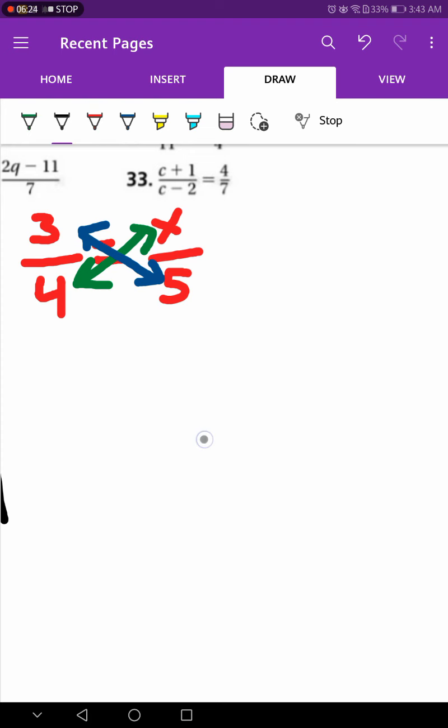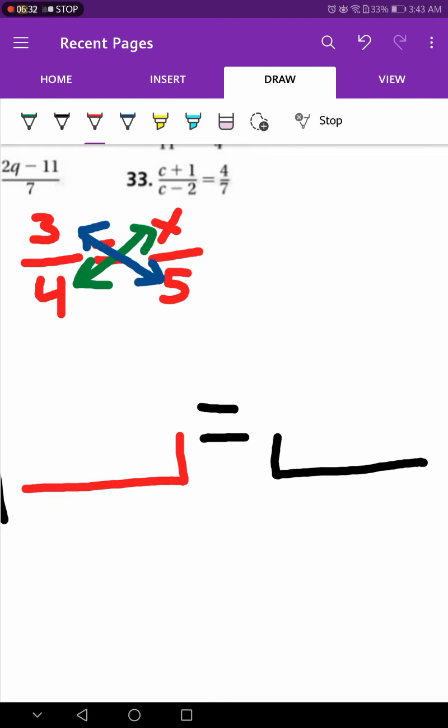First of all, you write the equal sign, you prepare the right side, and prepare the left side. Now you start. 4 multiply x equals 4x, teacher. Okay, and 3 multiply 5 is 15.